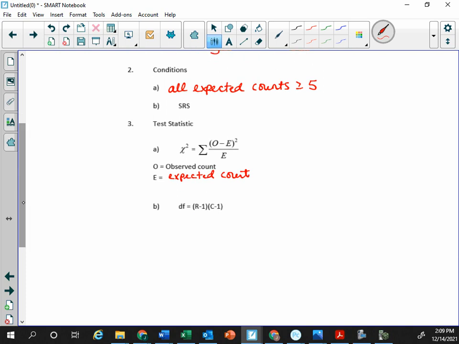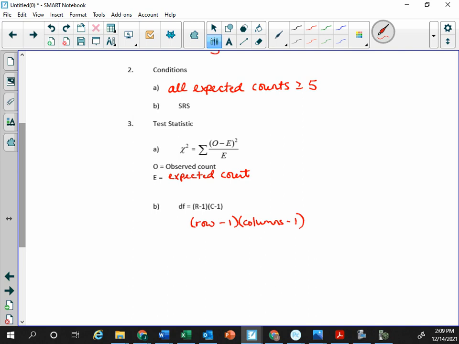That is just rows, however many rows you have, minus 1 times columns minus 1. So if you're doing the test for independence, you're going to have rows and columns in a matrix, and this is how you'll calculate degrees of freedom. If it's the first one that we just did, the goodness of fit, then you just do categories minus 1.